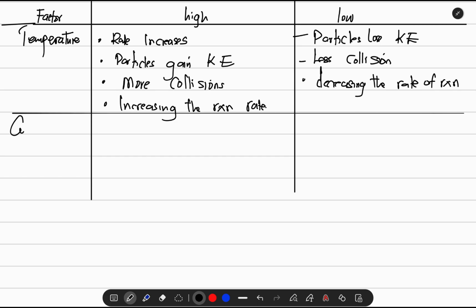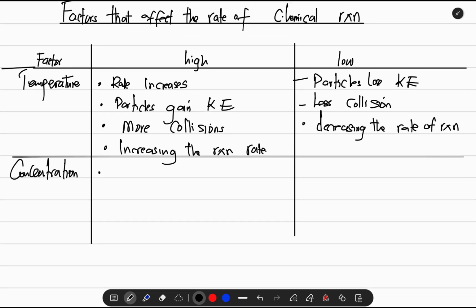Next is concentration. What happens when concentration is high? When you increase the concentration, you have more particles. More particles result in more collisions.